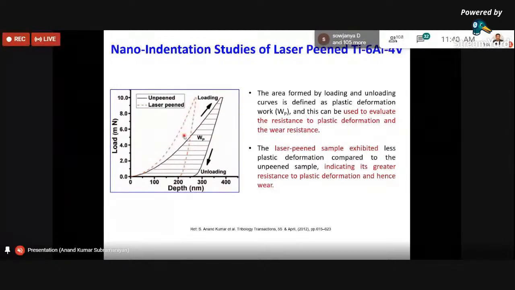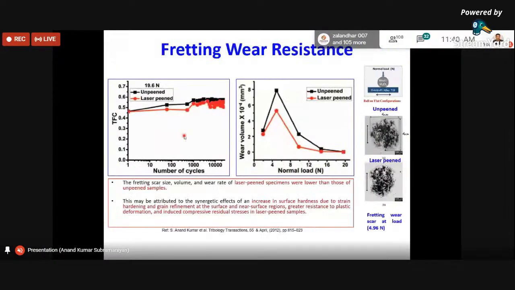The lesser the area under the curve, the harder the material has become. That is the takeaway.